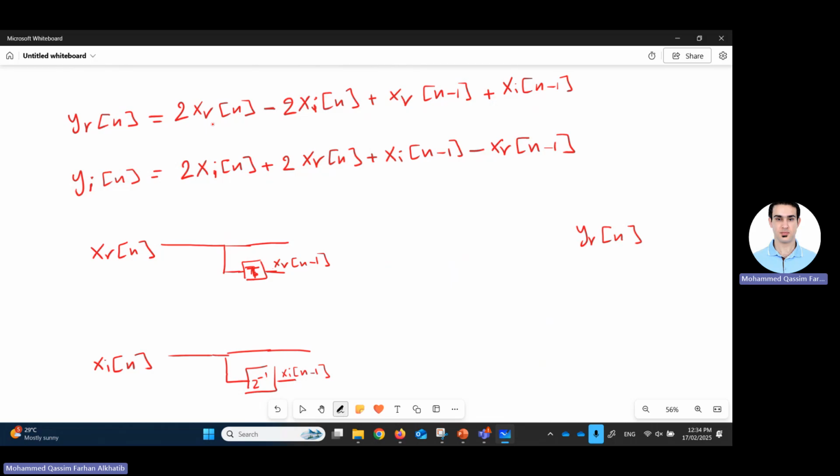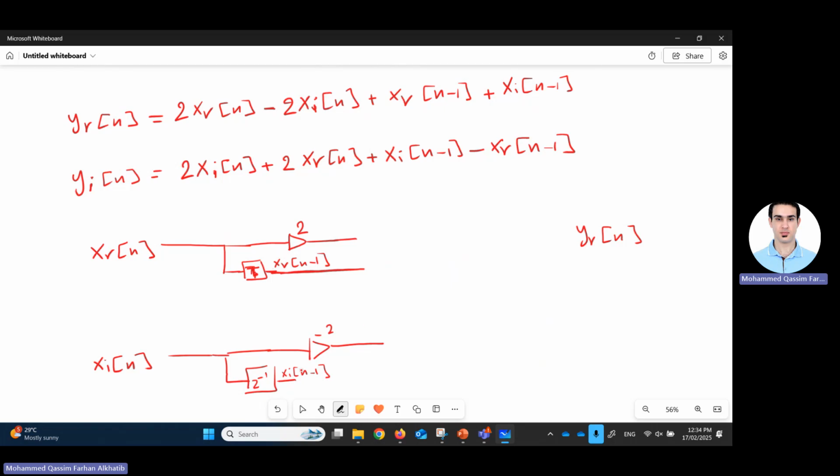So first I have x real multiplied by 2. So that's multiplication by 2. Then minus 2 x imaginary, so x imaginary multiplied by negative 2. Plus x real of n minus 1. I'm having this one as it is.